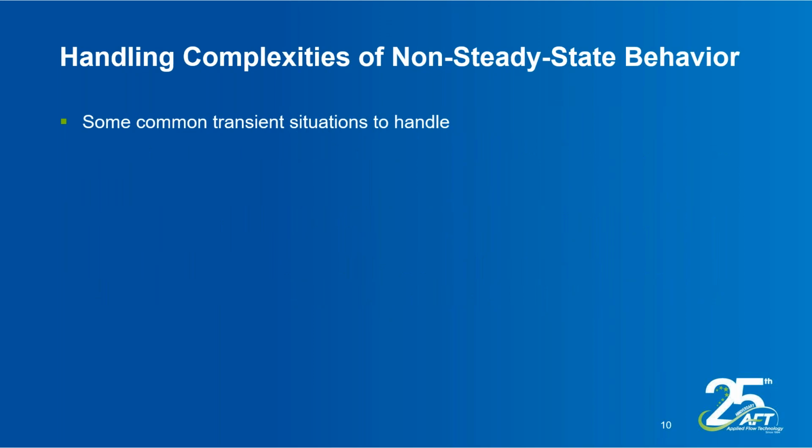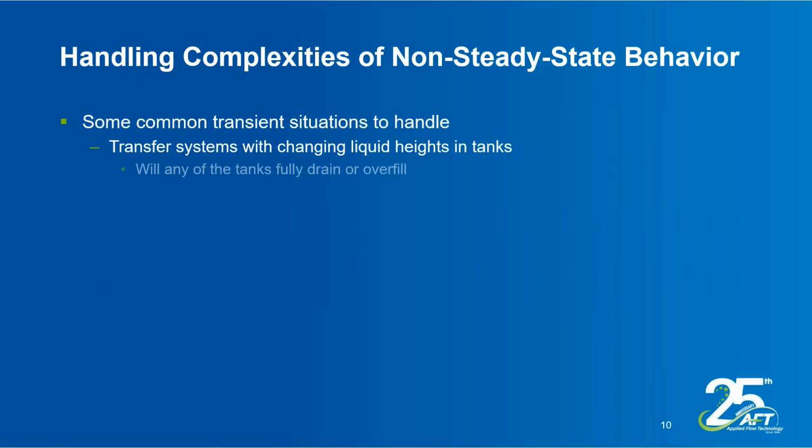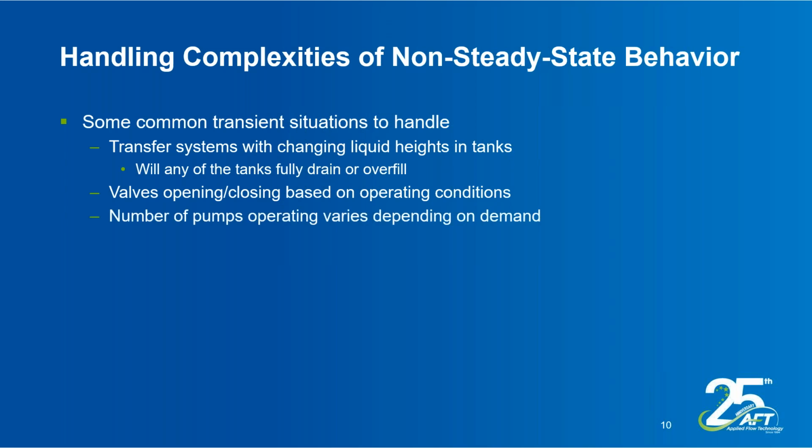Here are some common transient situations that you might want to examine. Discharging to different liquid heights in tanks. Will any of the tanks drain or overfill in a certain amount of time? If you're filling up a tank with a very corrosive liquid, you definitely don't want it to overfill. That would be a big problem. You can have your valves opening and closing based upon operating conditions.